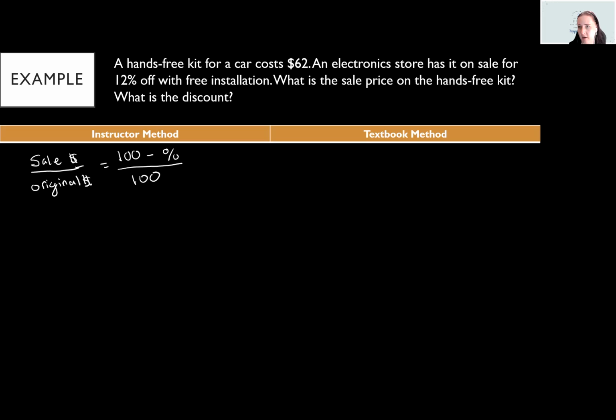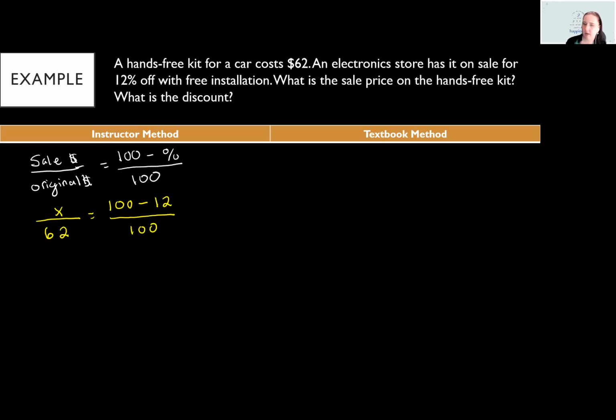So we have 100 minus the percent over 100. We are looking for the sale price, so that's going to be X. The original price is $62. And then this is 100 minus your percent, so we're subtracting 12% and then dividing by 100.